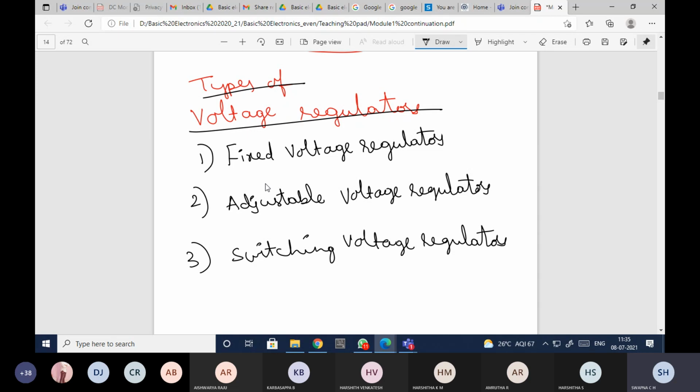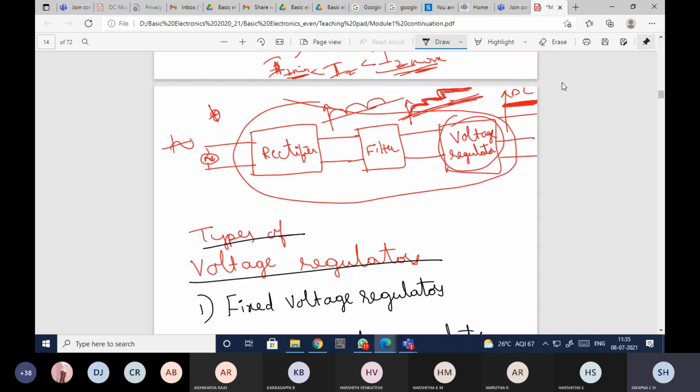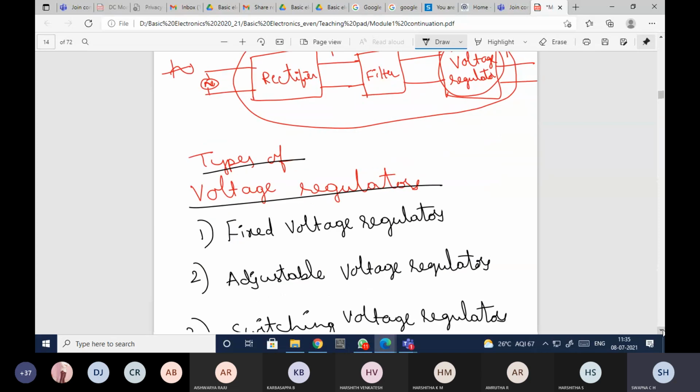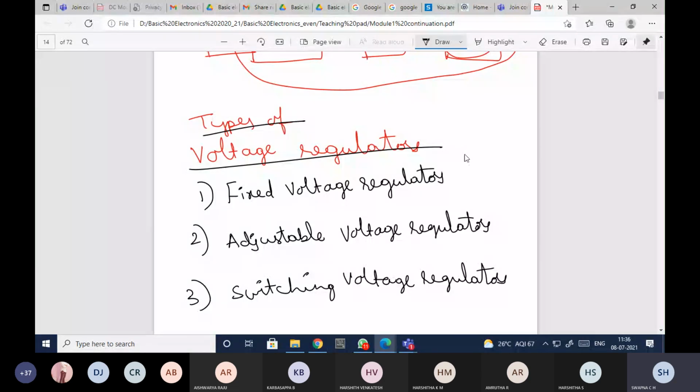See, the first one, the fixed voltage regulators. I have told you that this voltage regulator will stabilize the output DC. It will provide you some DC output. Voltage regulators are again ICs only, and this IC will provide you some constant DC voltage.